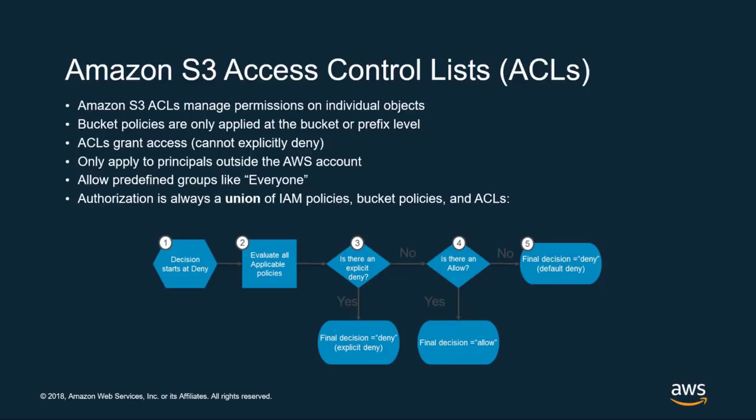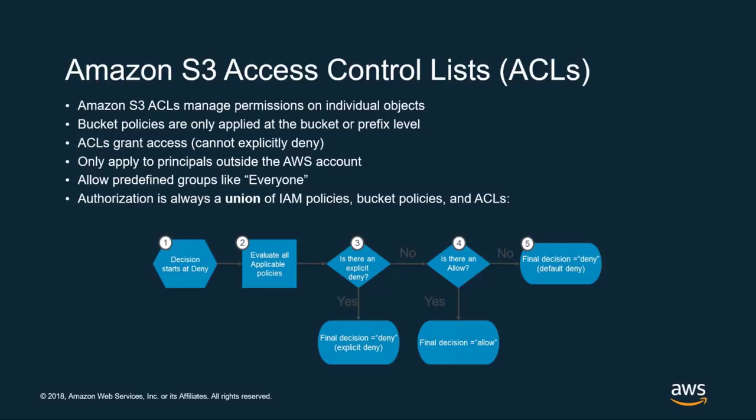And ultimately, when you look at authorization, it's always a union of the combination of IAM policies, bucket policies, and ACLs. So essentially, if you look at this decision tree, we'll start at deny, evaluate all applicable bucket policies, and then go through a logic tree to figure out what the final decision is.